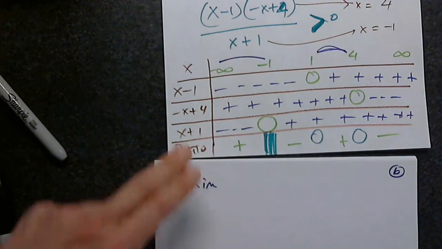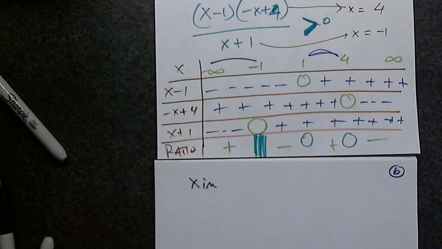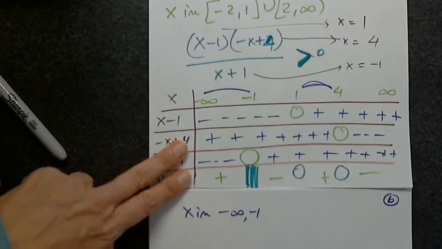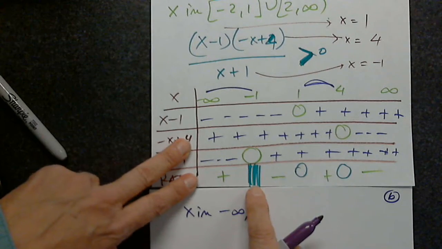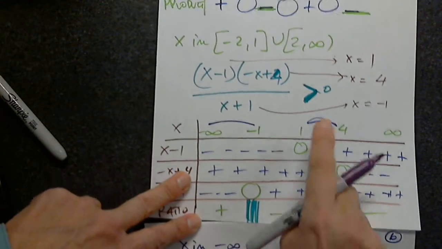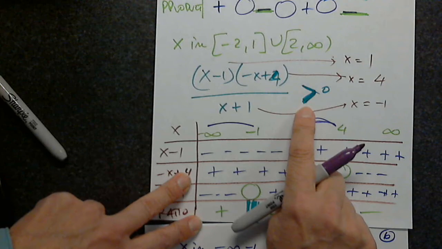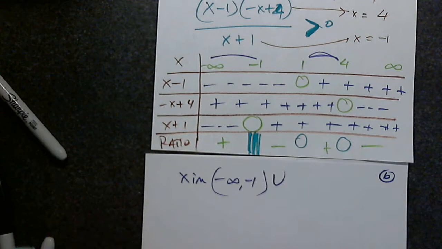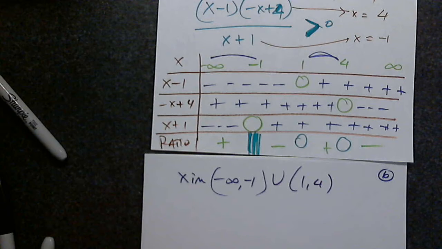X in the interval... Since this is undefined, I can never put a bracket. Furthermore, I cannot put any bracket. Why? Strictly greater than. Okay, very good. So then union 1 to 4 with parentheses because 0 is not allowed. Very good.